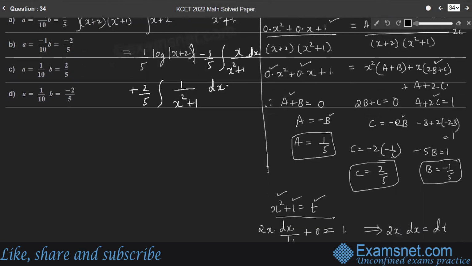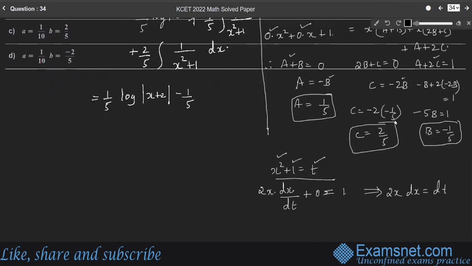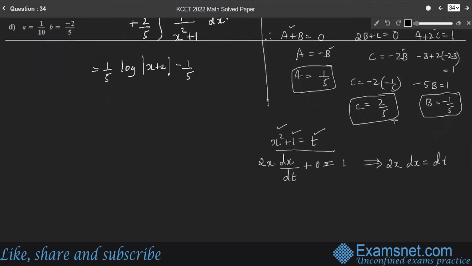So the first term will be 1 by 5 log mod (x plus 2). Then minus 1 by 5, where the integral of x dx by x square plus 1 has x dx as dt by 2, and t is x square plus 1.